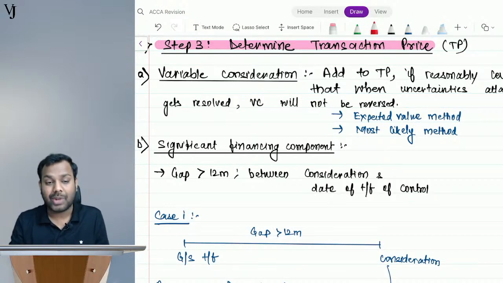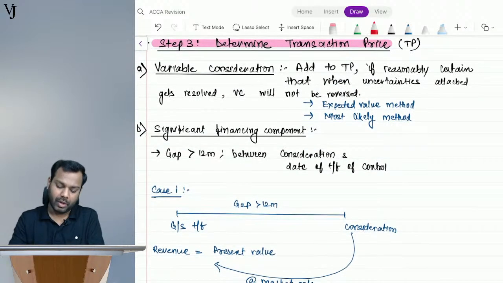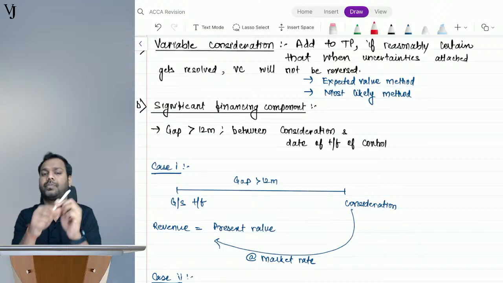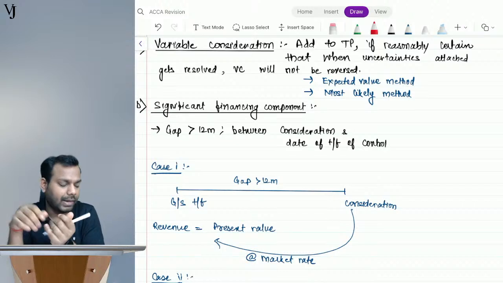Substance over form: in form it is variable, but in substance it is fixed. Recognize the revenue when in substance it is fixed. I hope you are understanding this point. Come on, guys, tell me, is it clear?